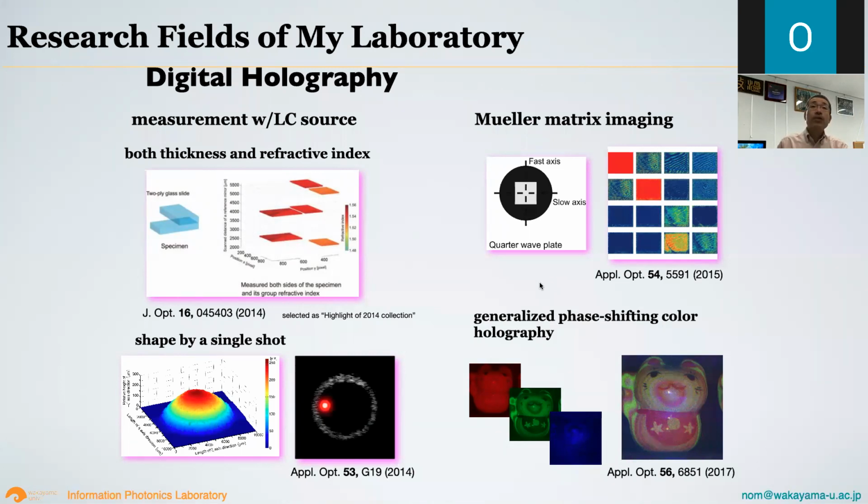This one shows the shape of the small object. This is for measuring the polarization. This picture shows the Mueller matrix. And also we try to use digital holography to record the color three-dimensional object.